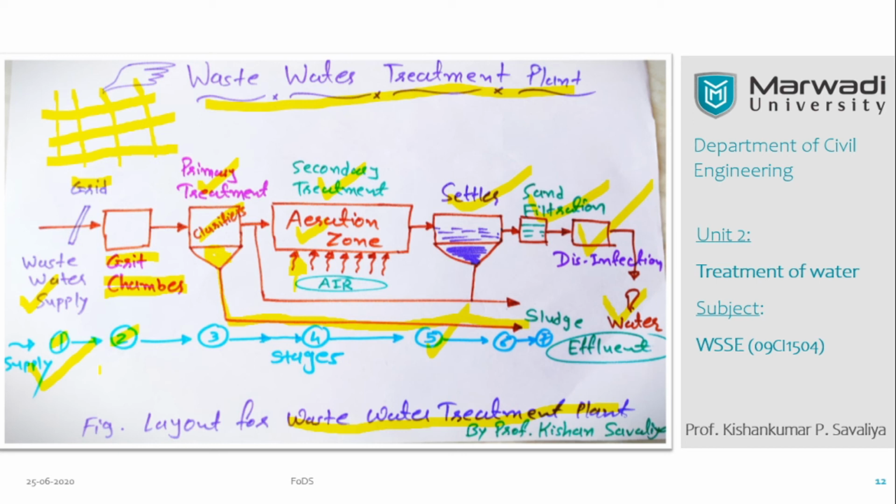Ultimately, if water is not treated, we are harming our environment. Because of a polluted environment, we are unbalancing our natural system, and that will affect our surroundings also.